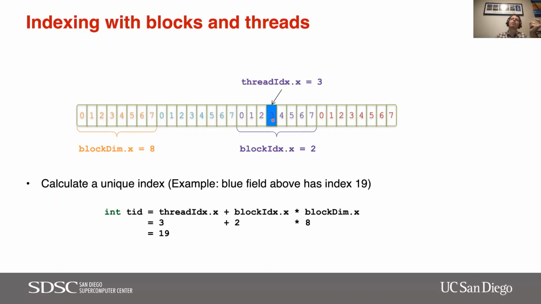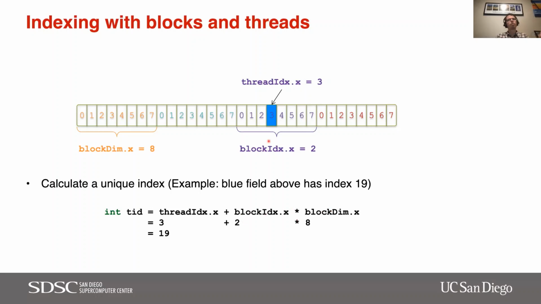So for instance, if I want to know which of those individual threads that has been launched, running this kernel, should operate on this data element there, well, I want to be in block number 2 and thread number 3 should do that, right? So I just say my global thread ID is my thread ID plus my block ID times the block dimension, right? So 2 times 8.